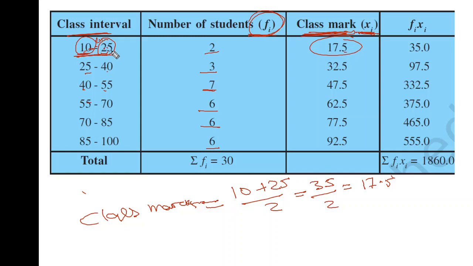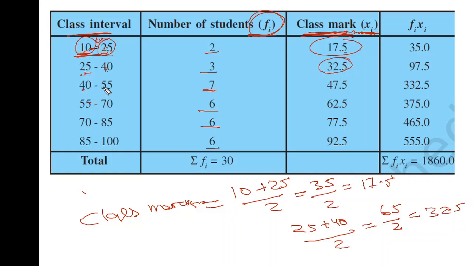for 10 to 25. Similarly for 25 to 40, you can write 25 plus 40 divided by 2. In the same manner, lower limit plus upper limit divided by 2. So 25 plus 40 divided by 2 is 65 by 2, which is 32.5.